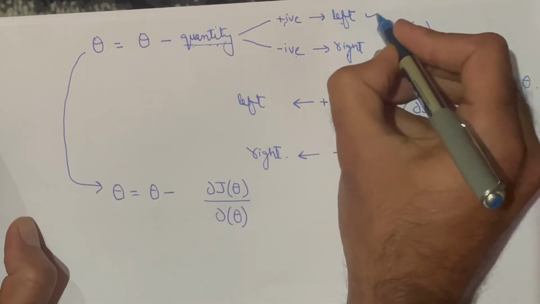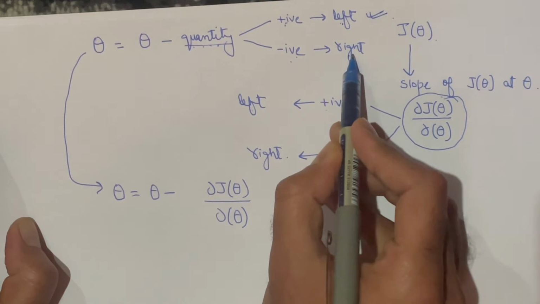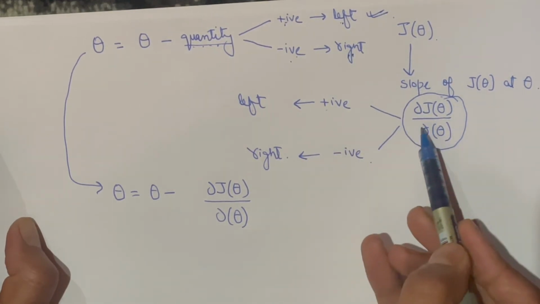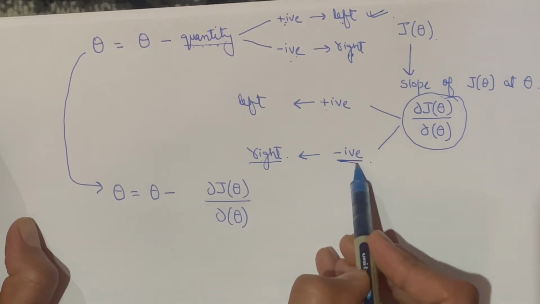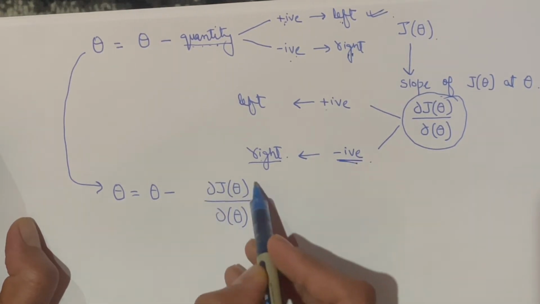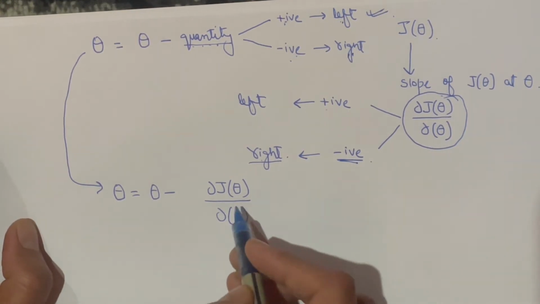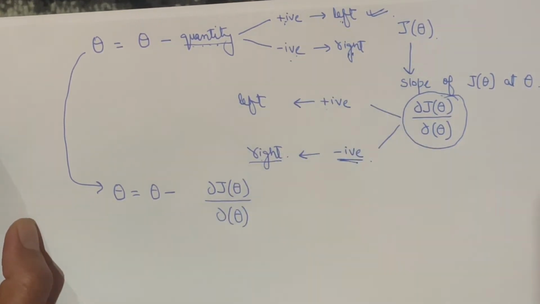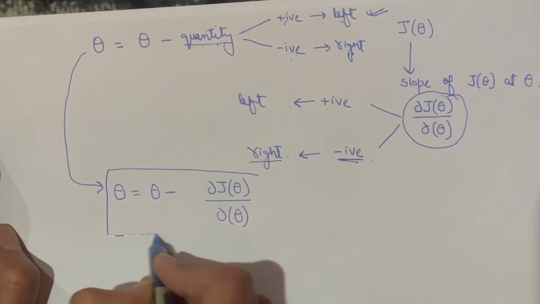So that point is clear. Now it is saying that this quantity should be negative if I have to move in the right direction. And we already know if I have to move in the right direction, this quantity will be negative. So this quantity is positive if we have to move in the left direction, and negative if we have to move in the right direction. So this will be our update rule.